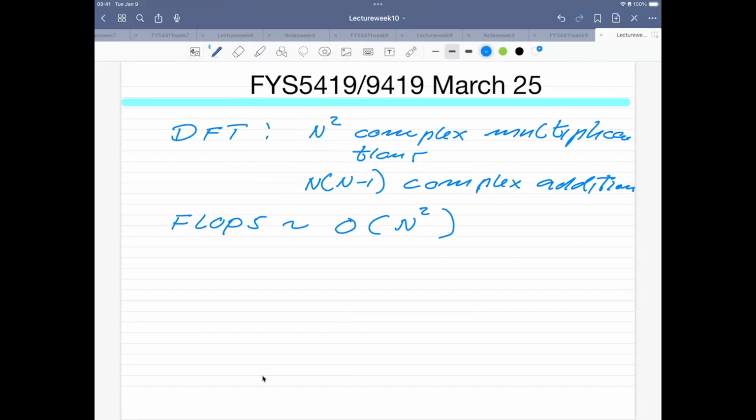Now, this algorithm has been replaced since the 60s with something which is called the fast Fourier transform. And there is a reason why that has replaced the standard brute force discrete Fourier transform, because this one has n times log 2 of n complex multiplications. So it's actually 1/2 n log 2 n complex multiplications.